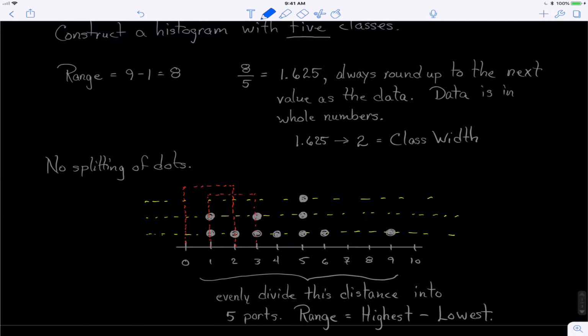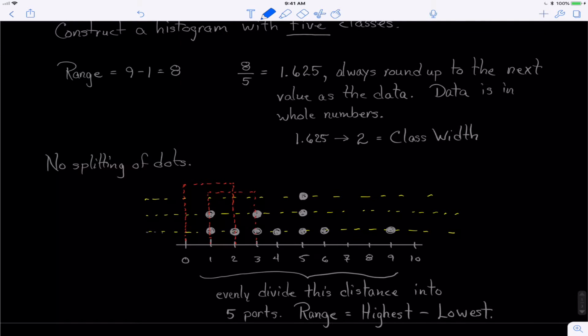Since our data is in whole numbers, like 0, 1, 2, 3, and so on, what we do is we just go right in between whole numbers. And not only that, we always begin just below the lowest data. So if our lowest data is at 1, the next value below that is 0. If we split 0 and 1, we would begin exactly at a half.